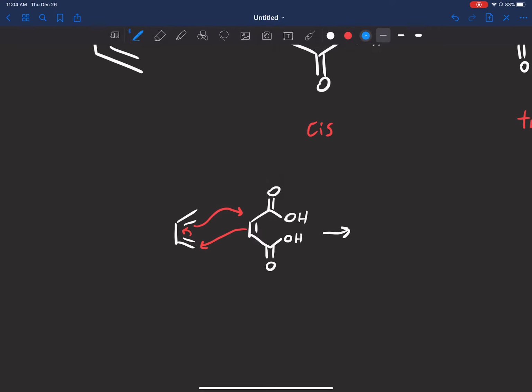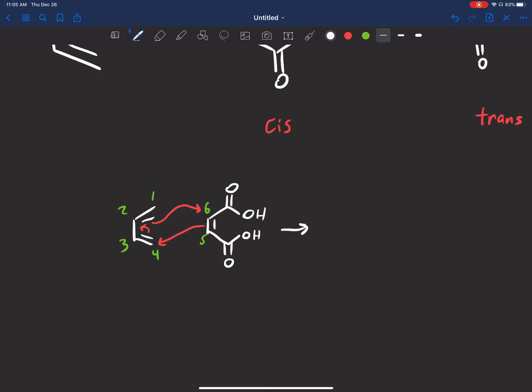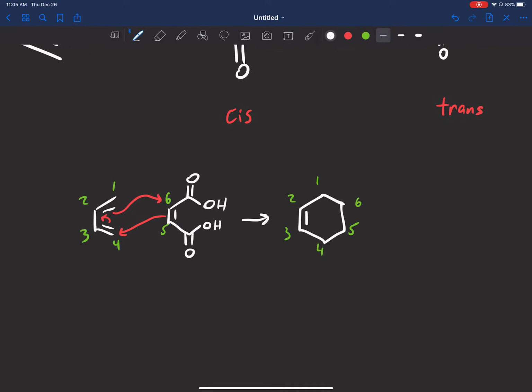And number your carbons. 1, 2, 3, 4, 5, 6. Now there isn't any electron donating groups on our diene, so we don't really need to worry about anything in terms of regiochemistry. It's going to be pretty straightforward. Draw the 6-membered ring. 1, 2, 3, 4, 5, 6. The double bond is going to be between 2 and 3.